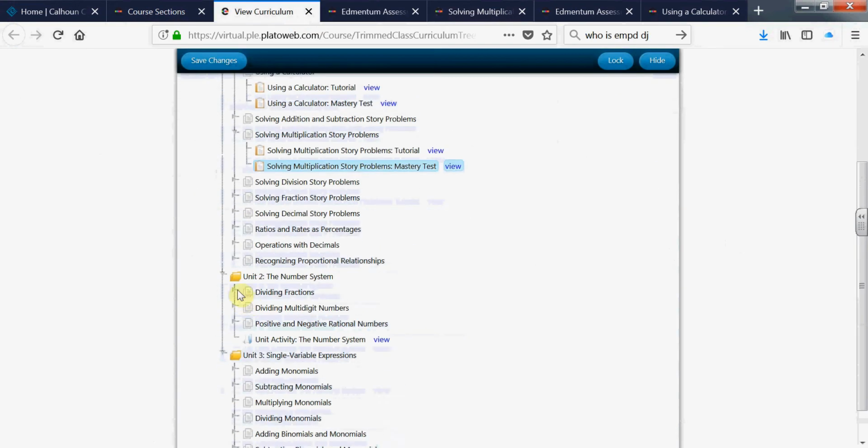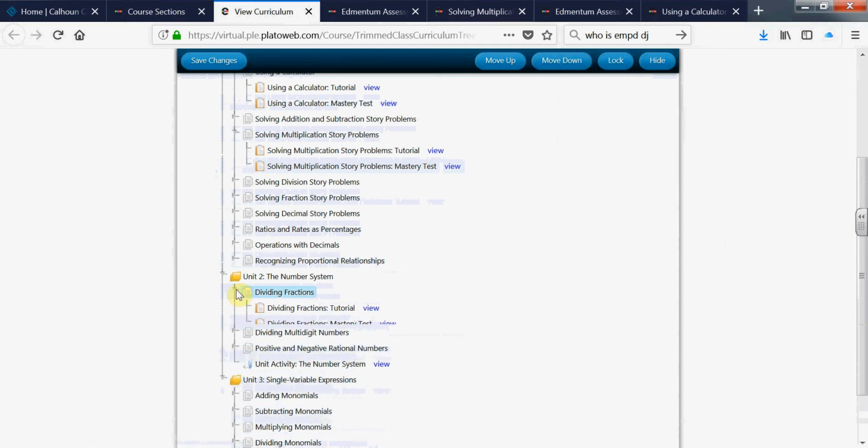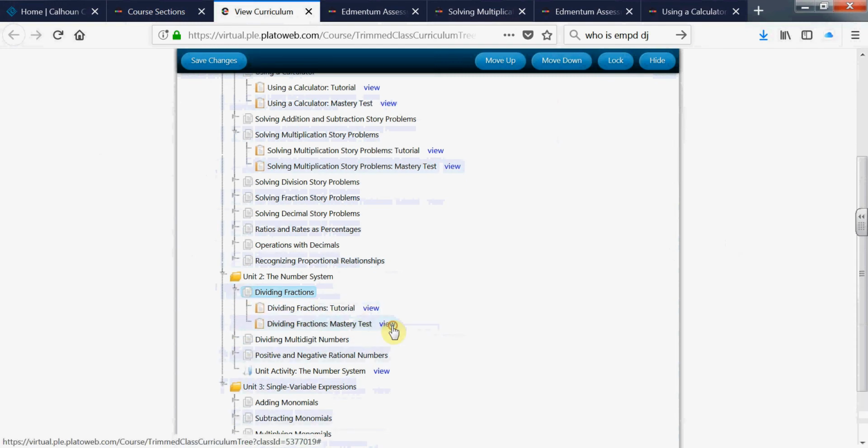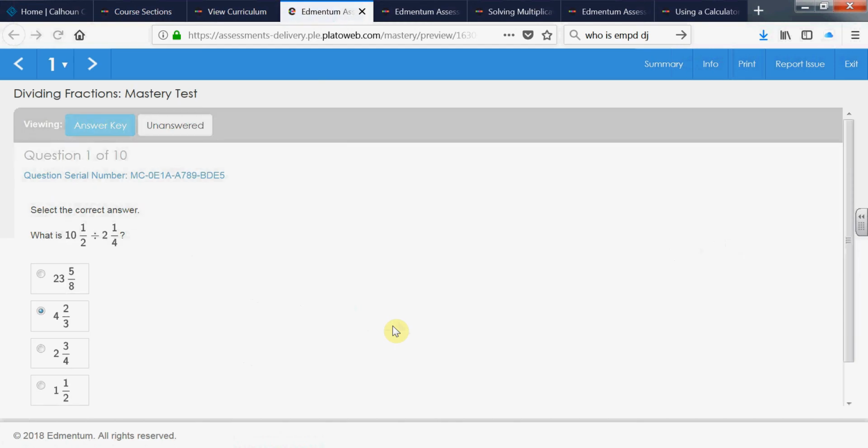Well, that information came from Unit 1. Unit 2, the number system, talks about dividing fractions. And so there's a problem there.